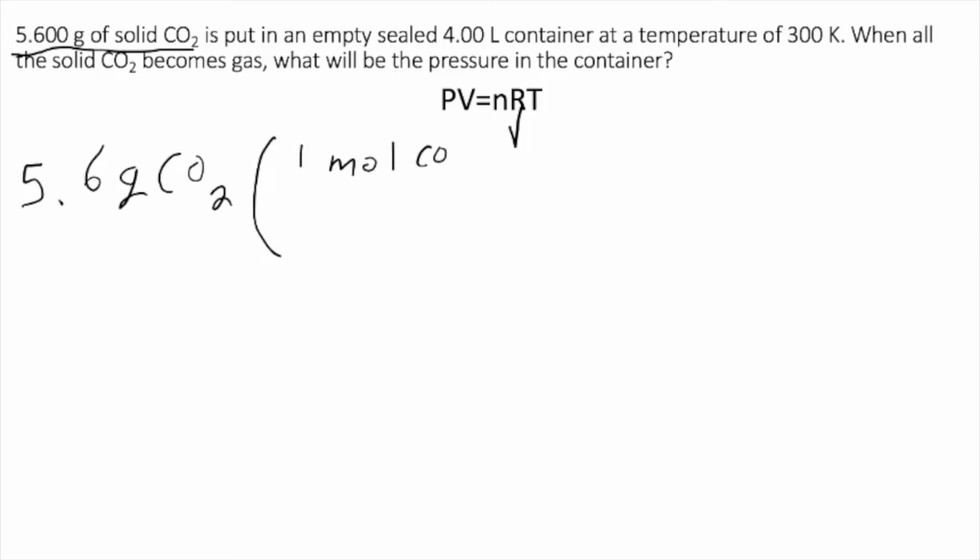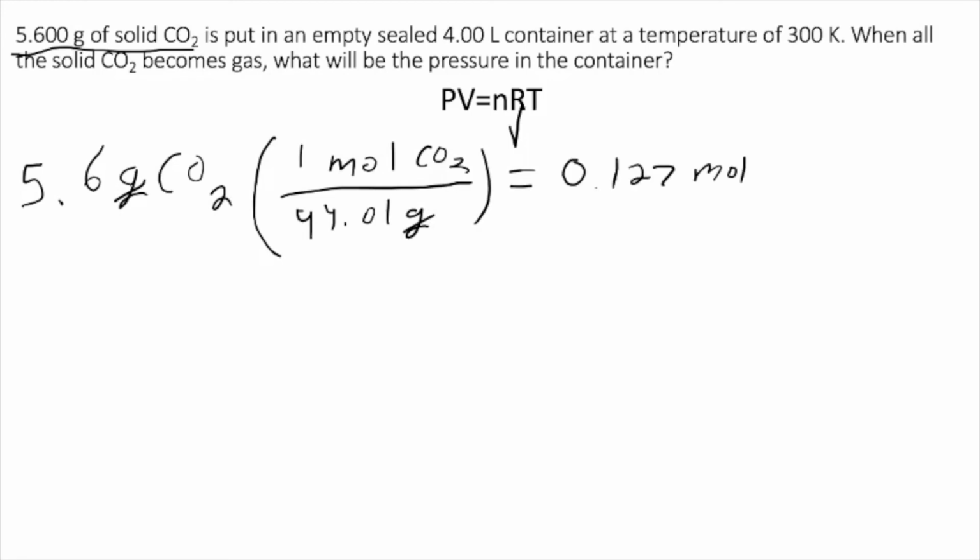In 1 mole of carbon dioxide, if you add up all the atomic masses, we get 44.01 grams of carbon dioxide, and we solve for the number of moles, canceling out the grams. That will give you 0.127 moles of carbon dioxide. Great, now we have our n.